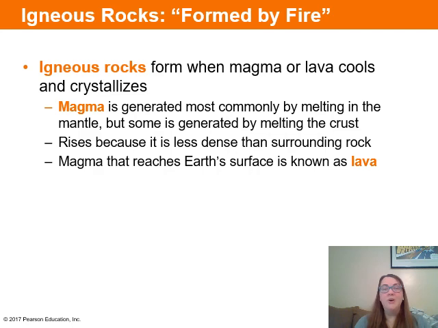So, for example, if a volcano is erupting, it will be erupting lava because that molten material is now on the surface of the Earth. Before it erupts and it's still stored underground beneath the volcano, it would be magma. So here the difference between lava and magma is just where is it? Magma is inside of the Earth, while lava is on the surface or outside of the Earth.